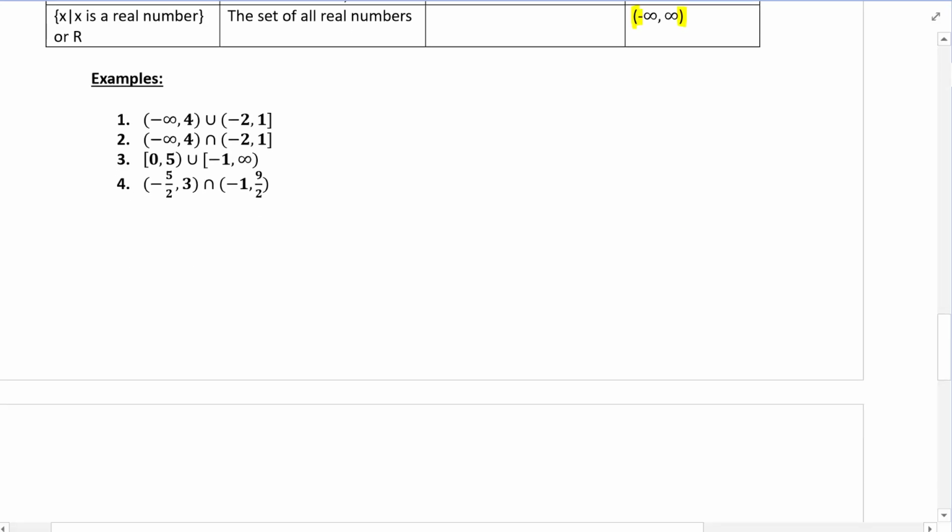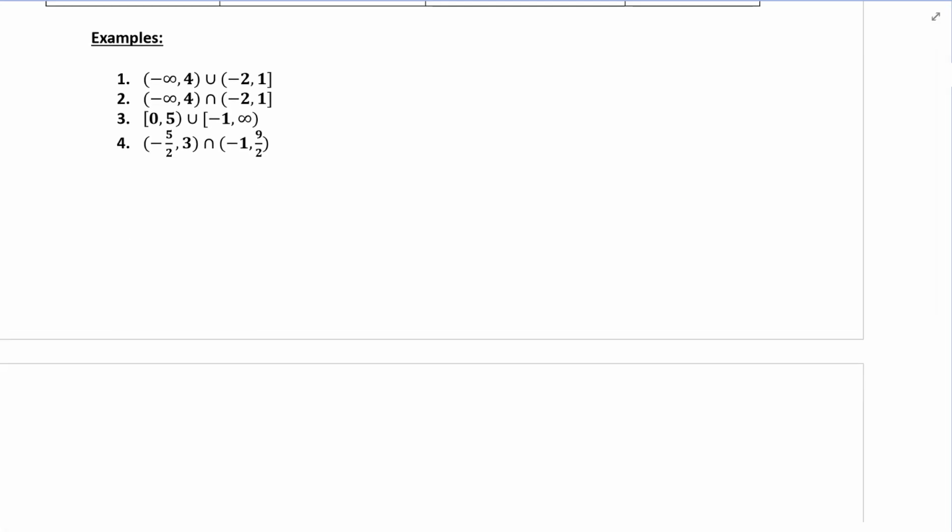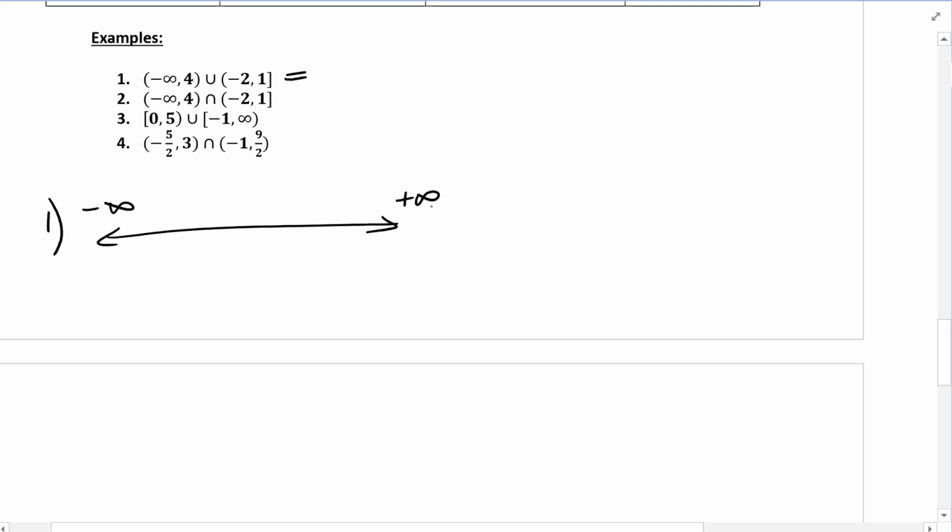So let's do a few examples. Let's find, for the first one, the interval negative infinity to 4 union -2, 1. So for the first one, I'm going to draw them on the number line, negative infinity, positive infinity. Then I'm going to put the numbers in order, so -2 first, 1 next, and 4 next.